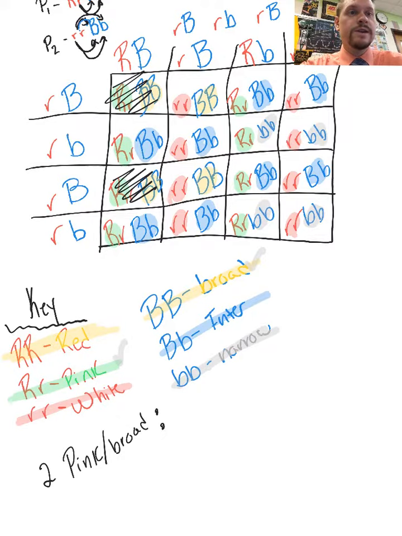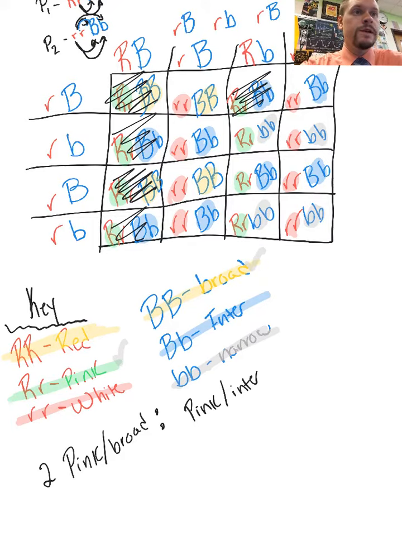Next one down would be green and blue, so pink, intermediate, and we have 1, 2, 3, 4.